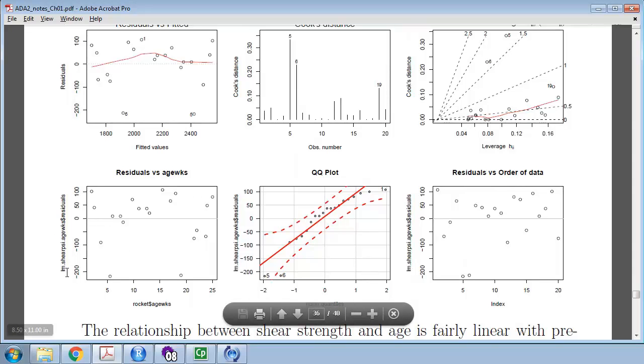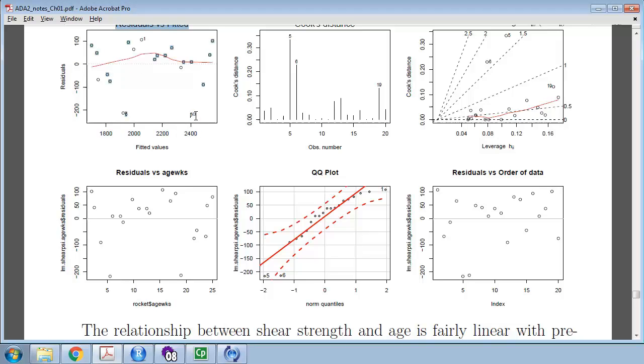Here is the residuals on the y-axis versus the age in weeks. That's the x variable. And notice it has basically the same shape as the plot above with the fitted values. However, the fitted values are basically the y-axis for the regression line. We had a negative slope. So this point number 5 in this bottom left-hand corner has a high fitted value, around 2400.